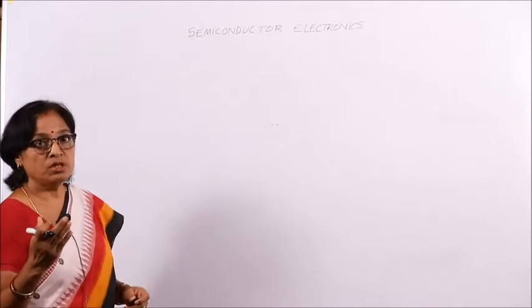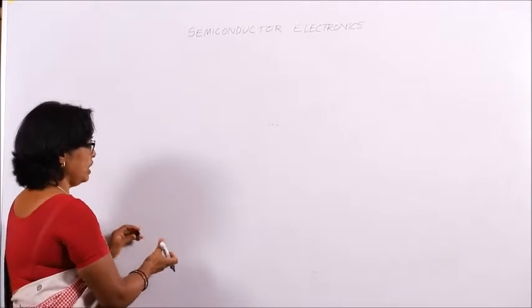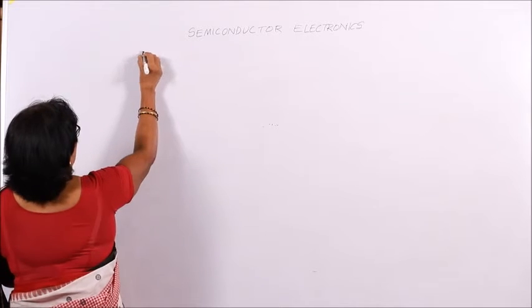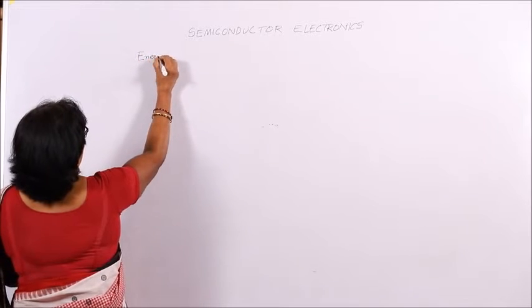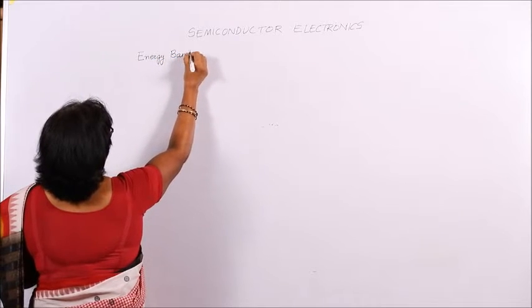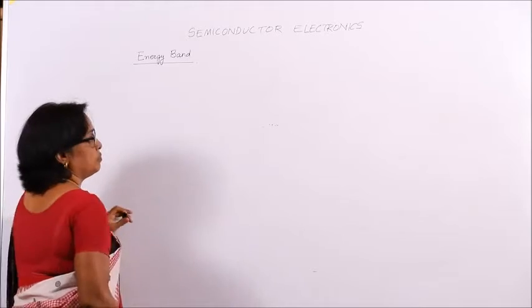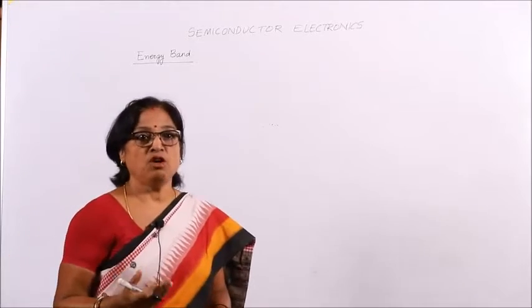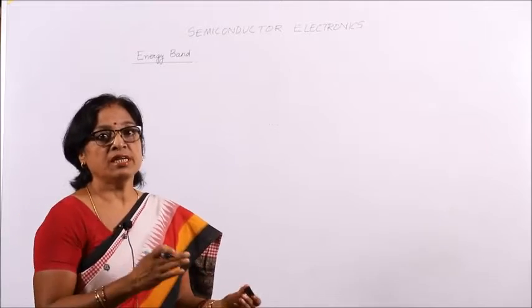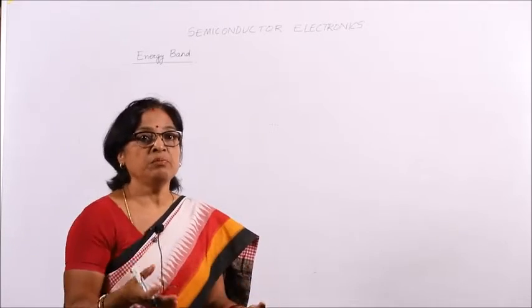We are talking about germanium, and we know now what a semiconductor is. But to explain it from the band theory, we must talk about energy band: how the energy band of a semiconductor is different from the conductor and insulator, and how it can be made a conductor.